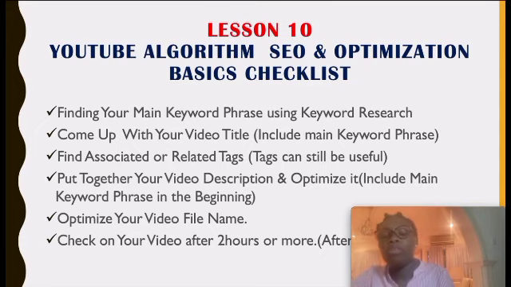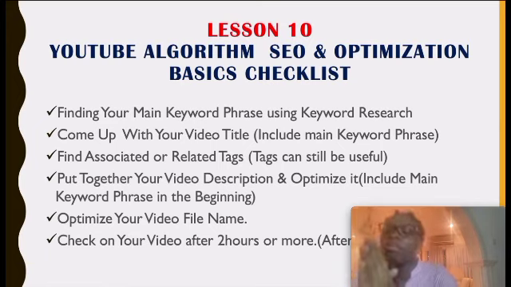Now, the YouTube algorithm has its own way of working. Your input is your videos, your content, and then the algorithm's output is to put your video in front of your audience.